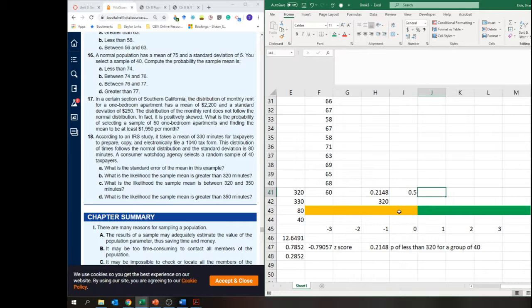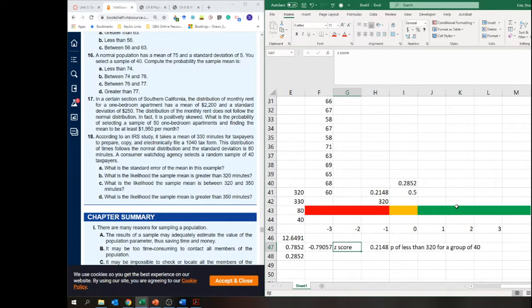If I subtract 0.2148 from 0.5, it gives me this little bit that's left, which equals 0.2852.